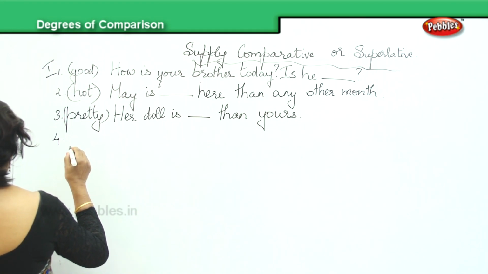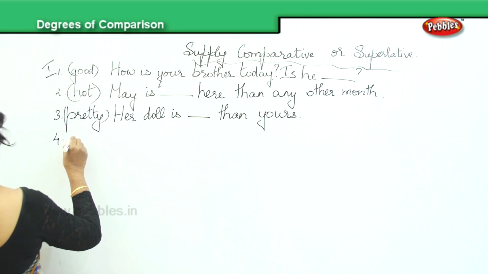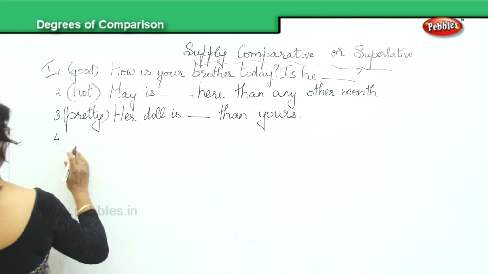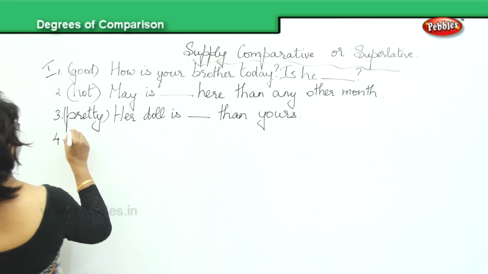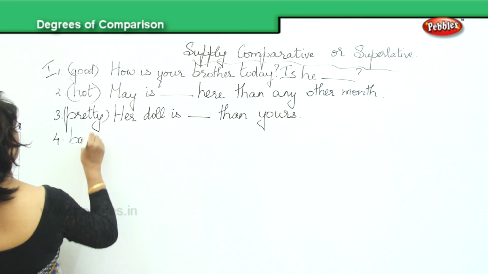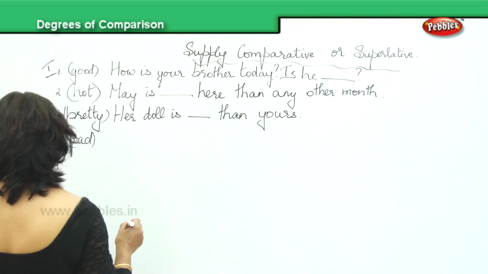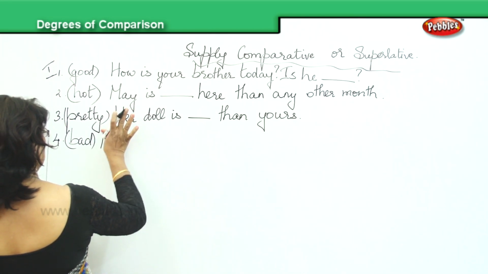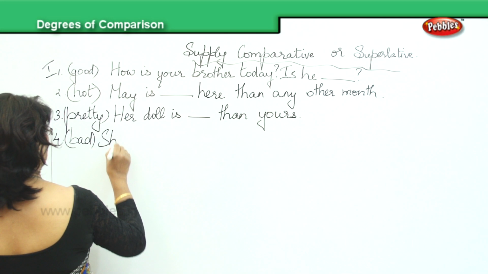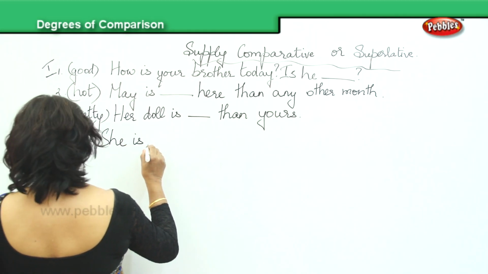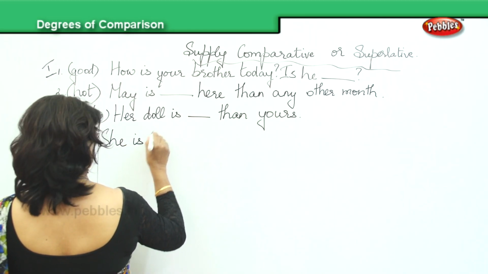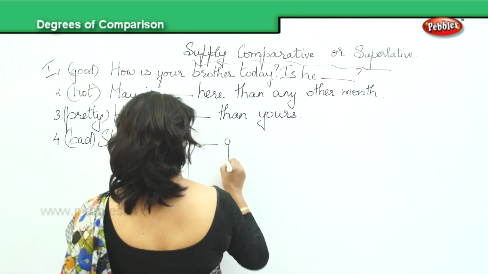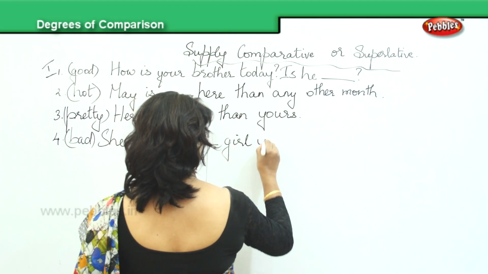Okay, next one. Good, I've already given. I'll give you a different word. Bad. She is the dash girl in the class.